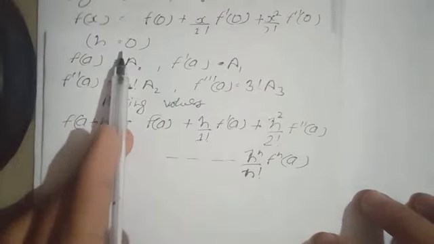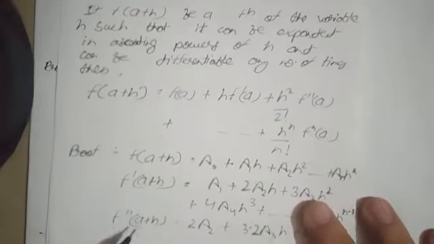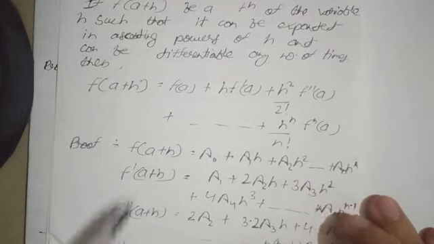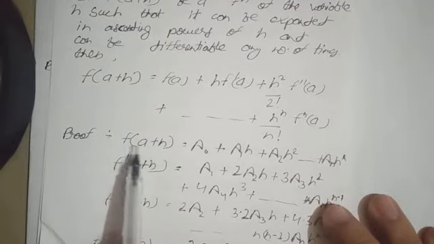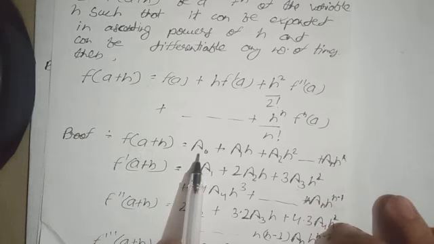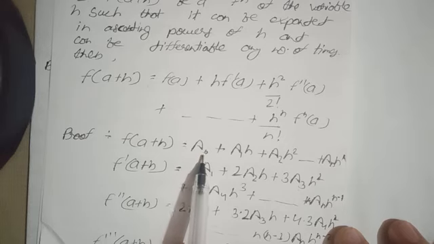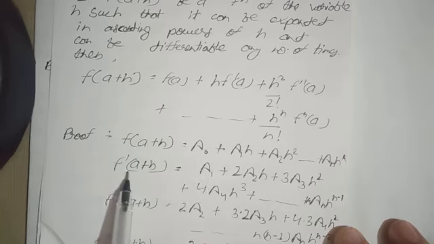After that, putting h equal to 0 in all these statements, we obtain f(a) equal to a0, because 0 is multiplied with all these constants and only a0 is left. Then f dash a is equal to a1.